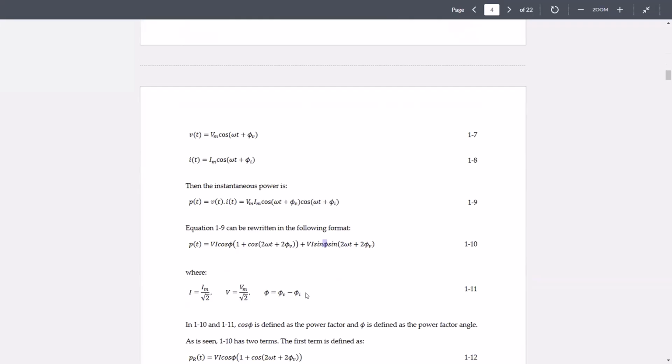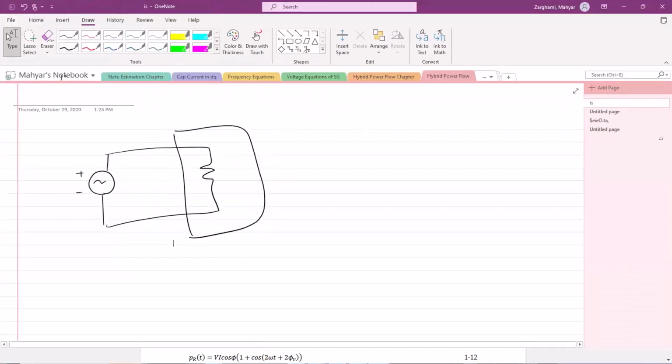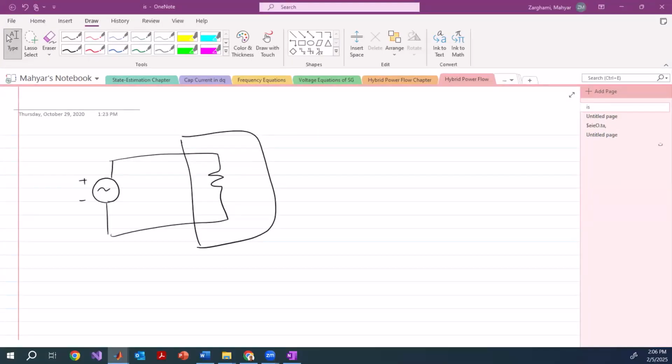So if you have a network that is completely resistive, this means that you have a source and a bunch of combinations of resistances. Then the voltage that you have over here, V of t, versus the current that is flowing in this network, they would have the same phase angle.